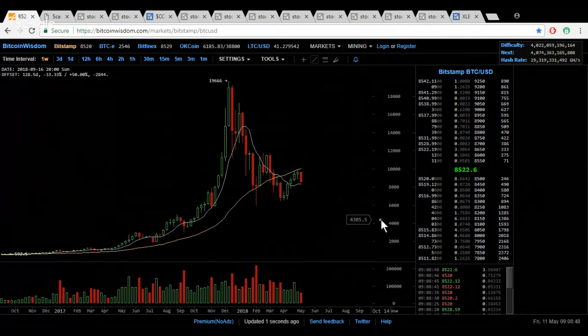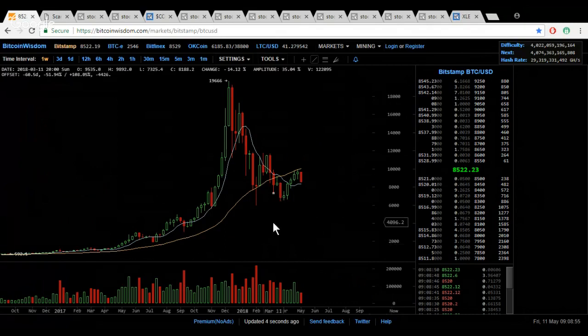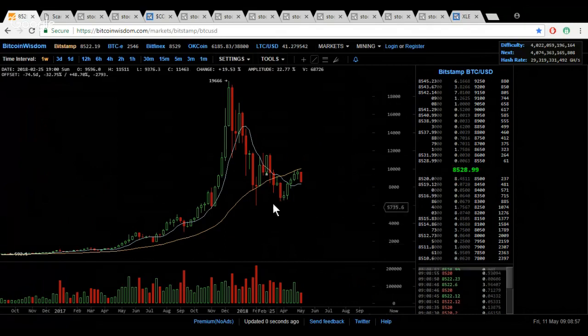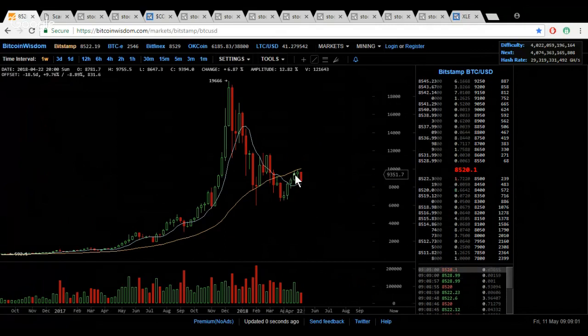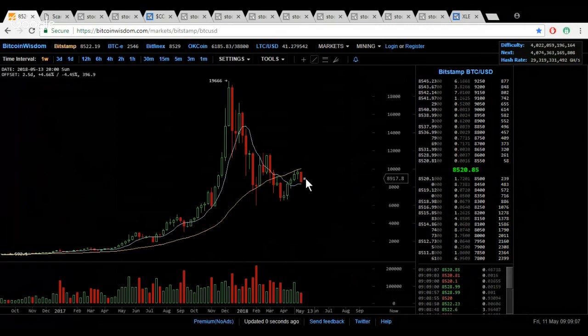It says that we are in a long-term uptrend according to that moving average, but we are in a dangerous zone, and that the price has come back up to the long-term moving average 3 consecutive weeks without being able to get back over it.